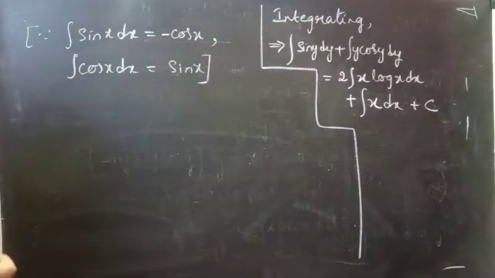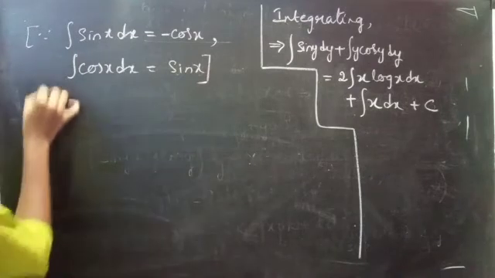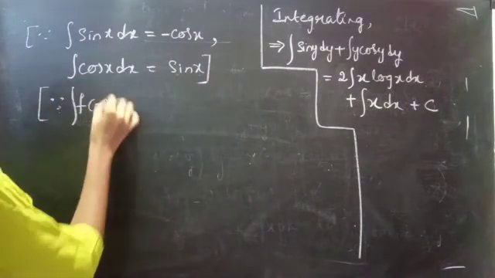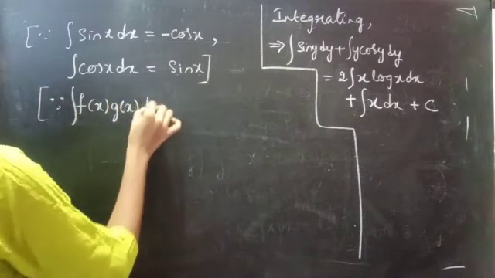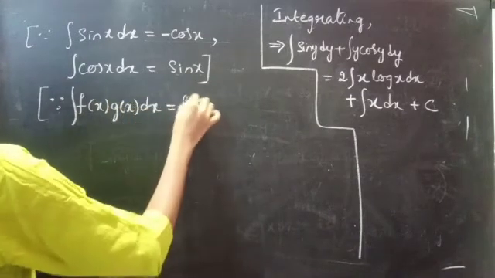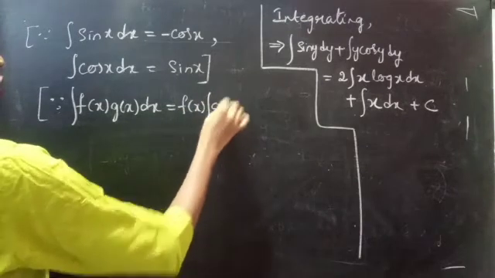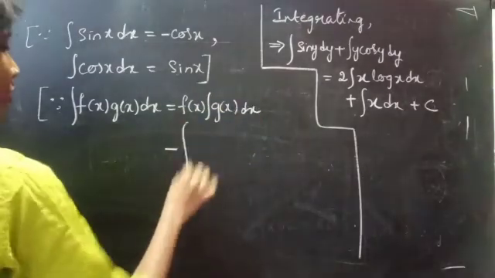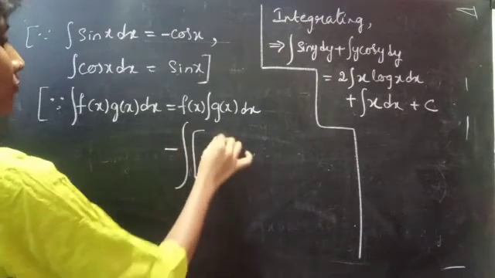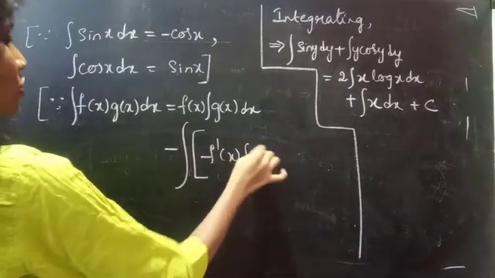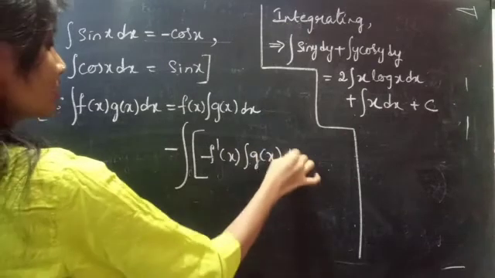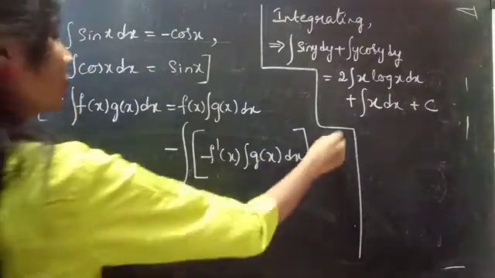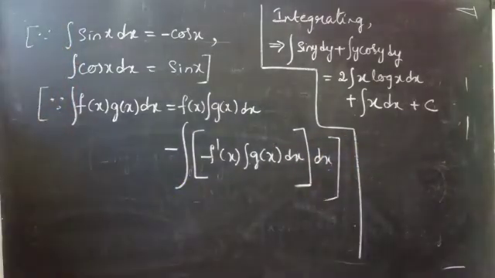Also, we'll be using the integral by parts formula, since integral f of x g of x dx is equal to f of x integral g of x dx minus integral of f dash of x into integral g of x dx dx. Okay. So this is the integral by parts formula.